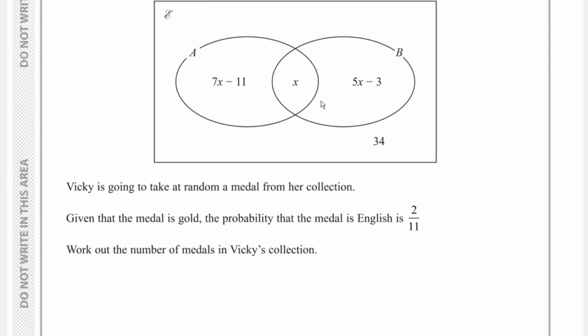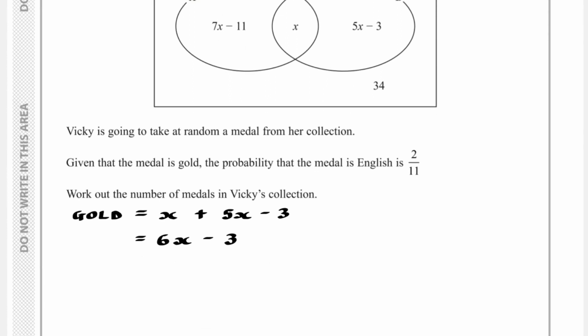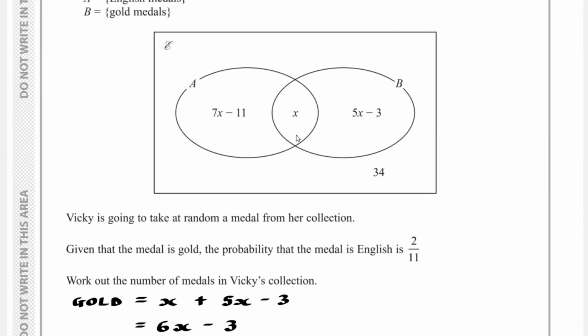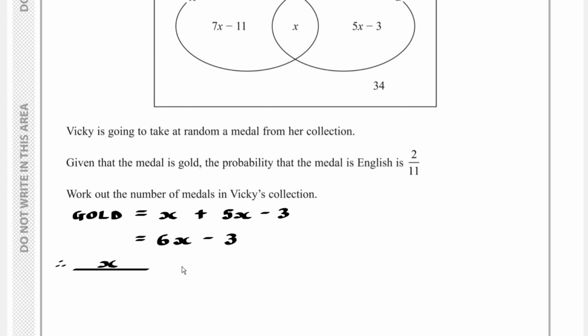So we can find out the total number of gold. The total number of gold is equal to this x plus the 5x subtract 3, and that gives a total of 6x subtract 3. Now, we know that the probability that the medal is English given gold is 2 over 11. So of this, how many are just English, that's x, out of a total of 6x subtract 3.